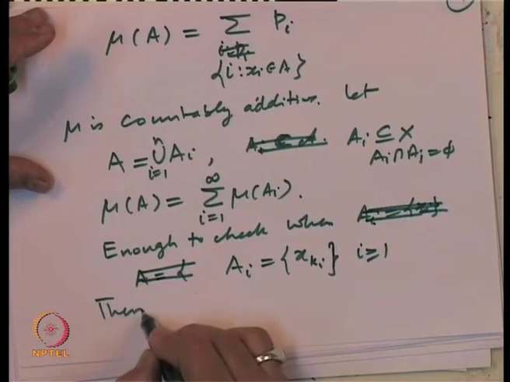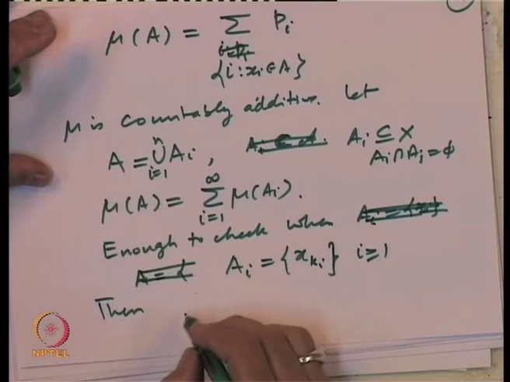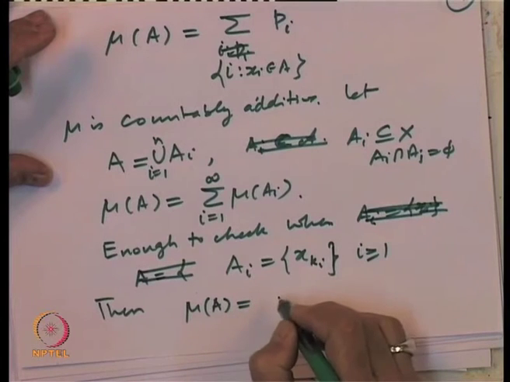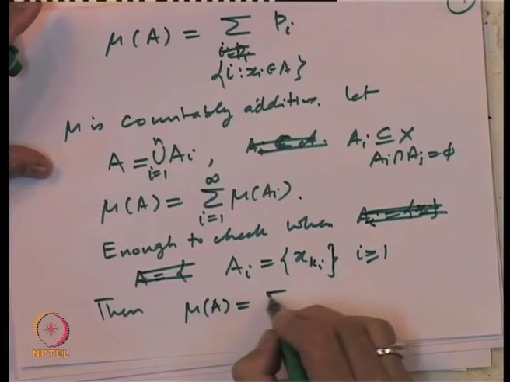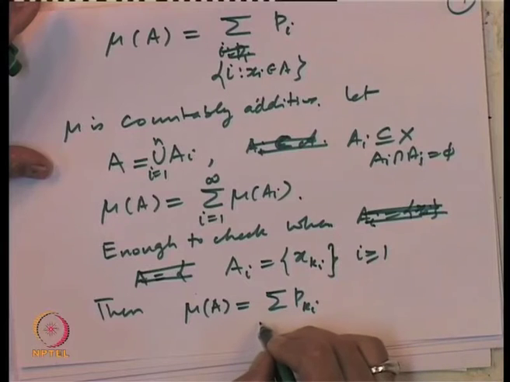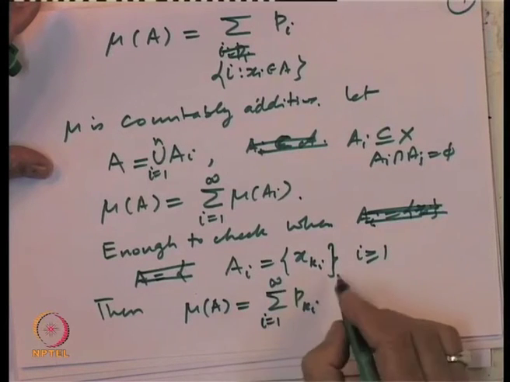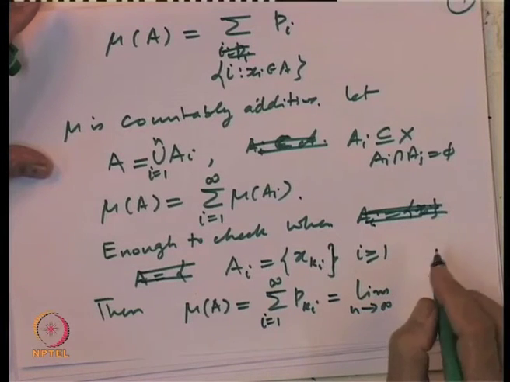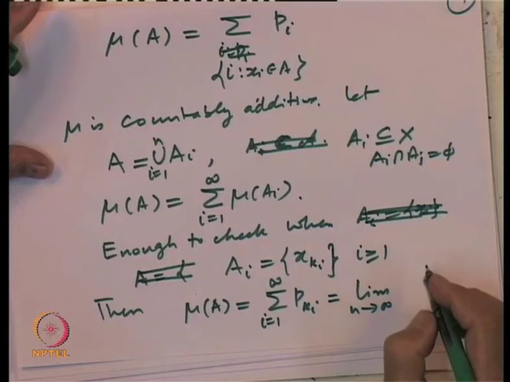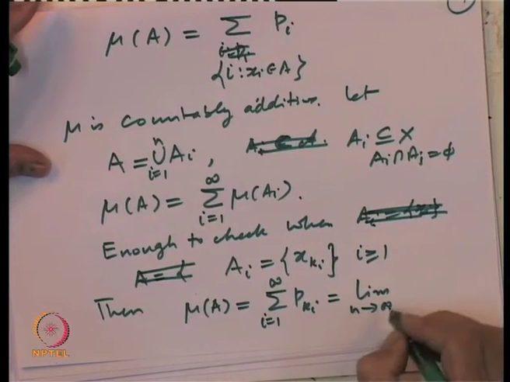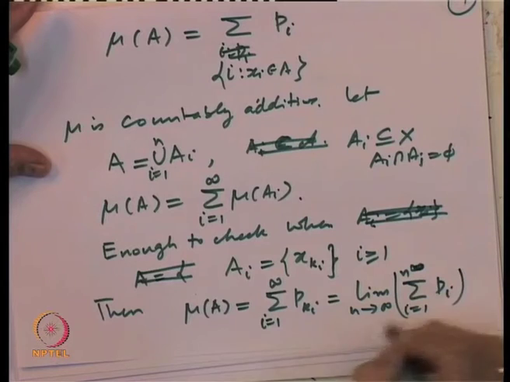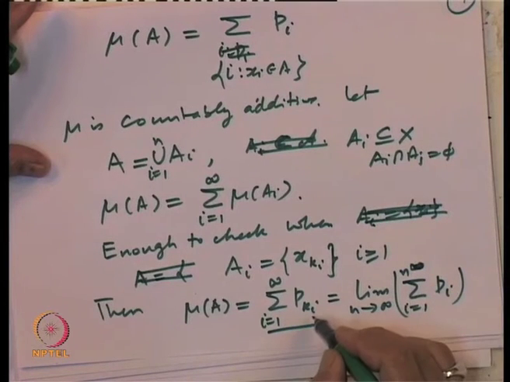Then mu of A is going to be equal to the summation p of k i, i equal to 1 to infinity, which can be written as the limit n going to infinity of the sum i equal to 1 up to n of p i. So, it is the sum of a series, and these are non-negative numbers.